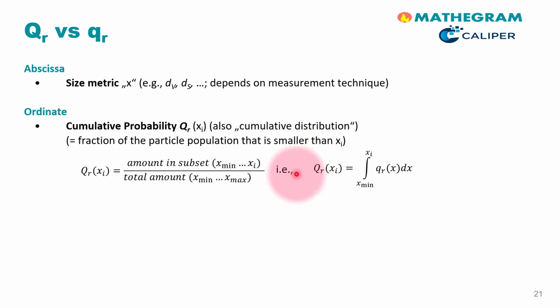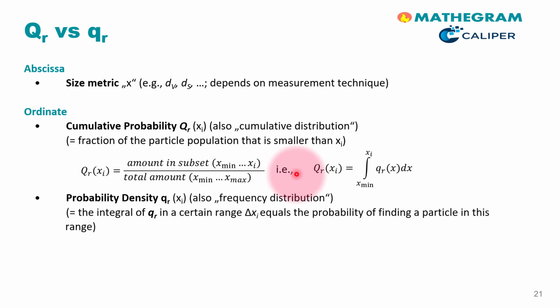The probability density is a bit more challenging to understand. It is best to again stress that it is not a probability but a probability density. This means that its integral over a certain size range, delta x, has the meaning of a probability delta QR.